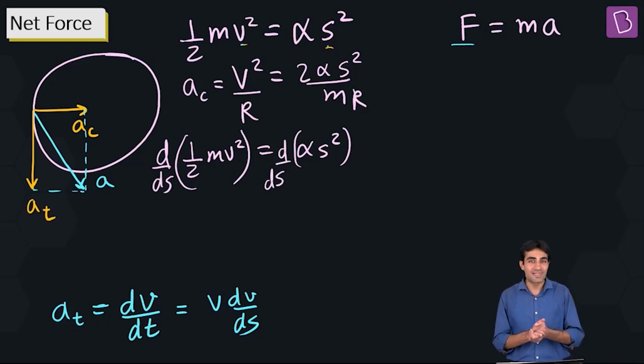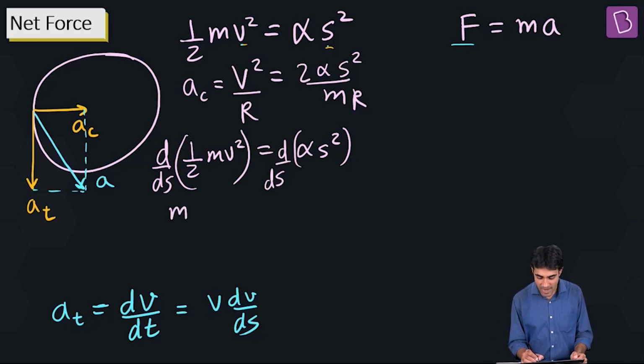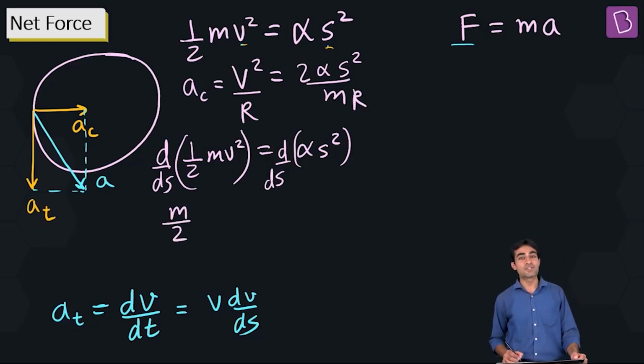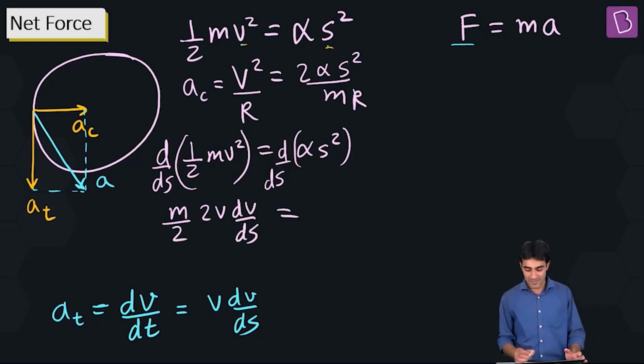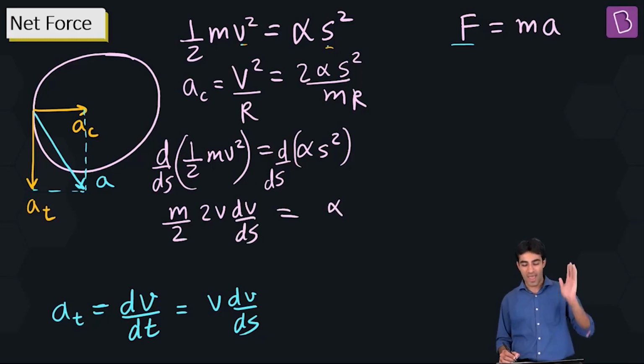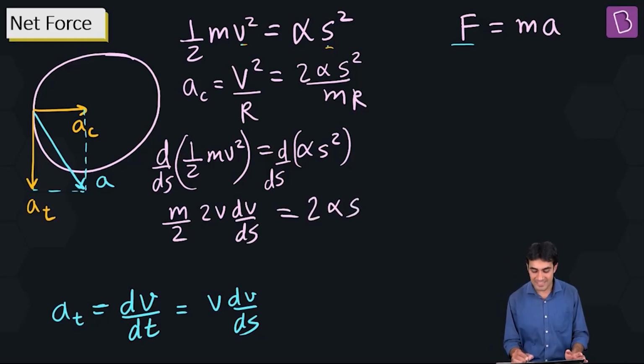Okay, let's do it quickly. Now, when we differentiate the left side, we get m by 2 out of the differentiation. And when we differentiate v square, just v square, we get 2v dv by ds. Okay. And on the other side, we have alpha as constant. And when we differentiate s square, we get 2s.